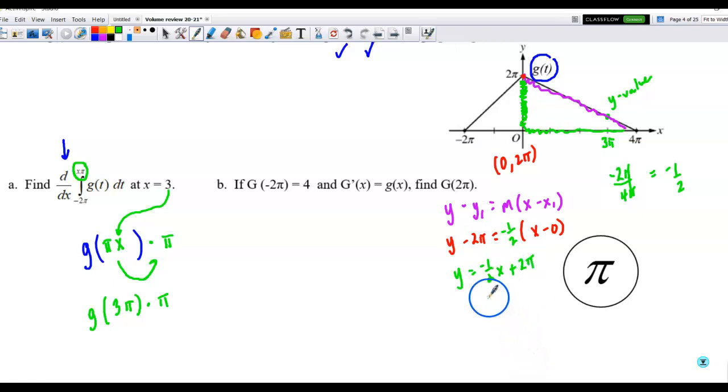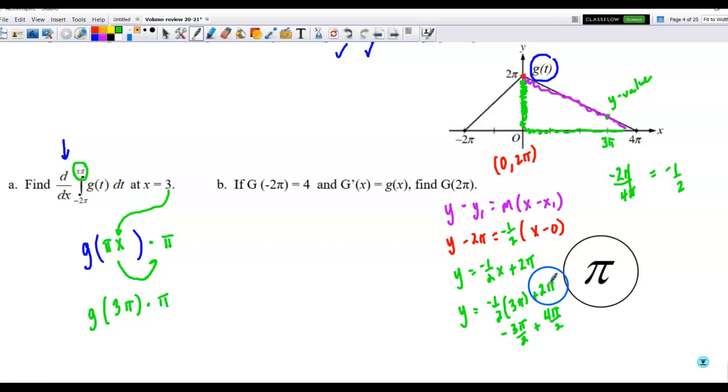So I got y by itself, and I need to know g of 3 pi. So y is equal to negative 1/2 times 3 pi plus 2 pi. So that's going to be negative 3 pi over 2 plus 4 pi over 2.